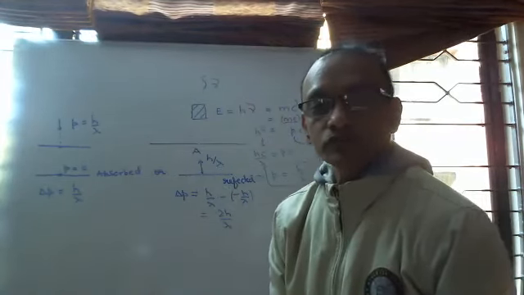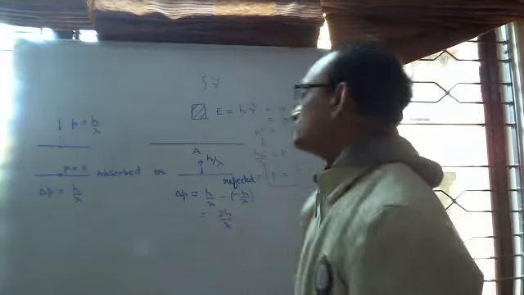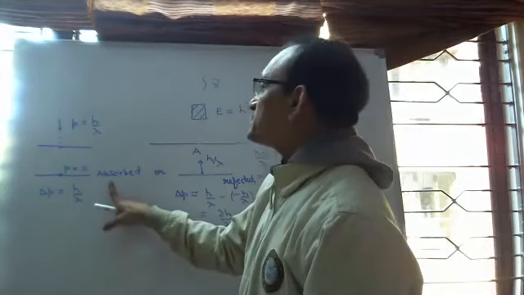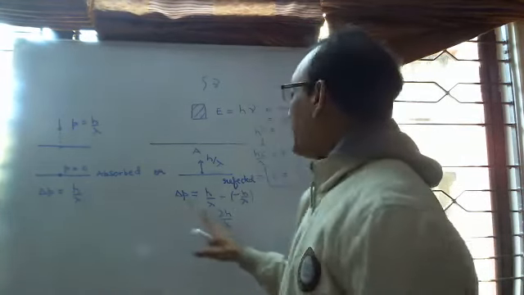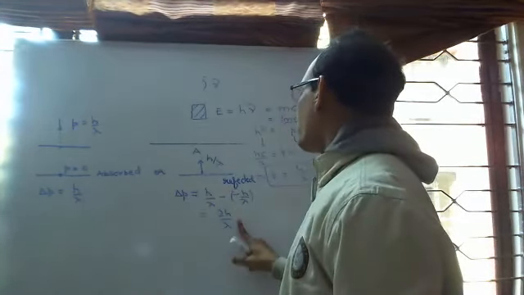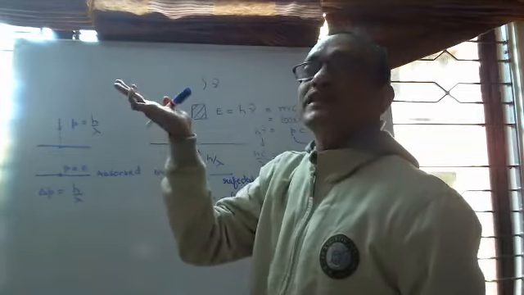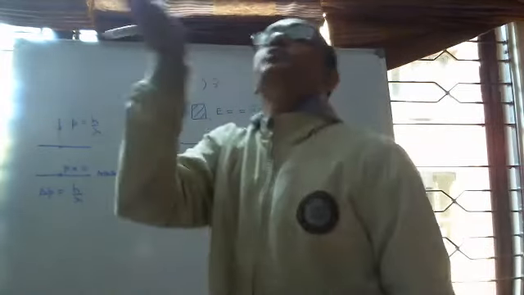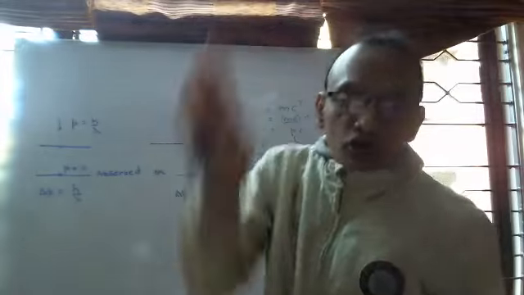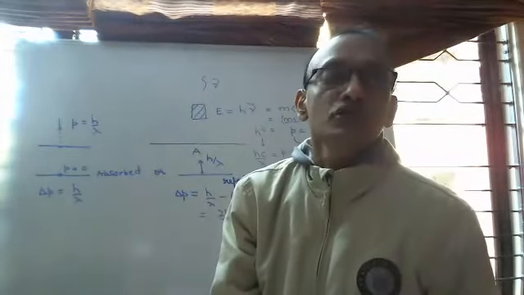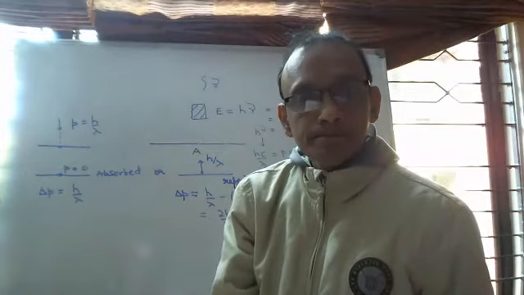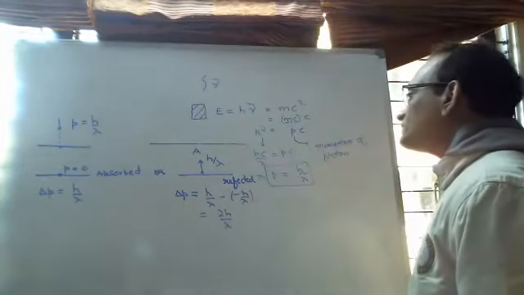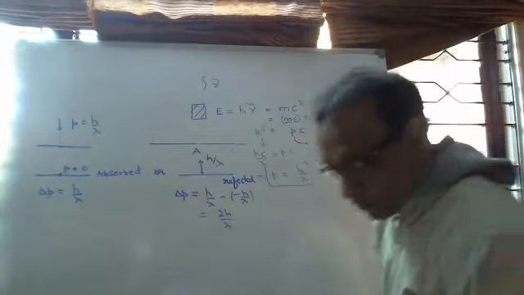So if it's absorbed by the surface, the change in linear momentum of the photon is h by lambda, and otherwise the change in linear momentum is 2h by lambda upwards. That means the surface exerts an upward force on the photon, and the photon will exert a downward force on the surface, right?